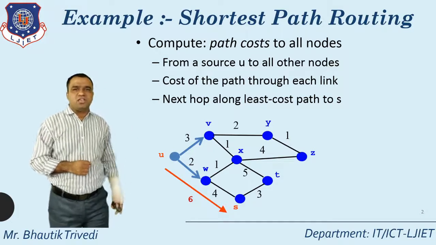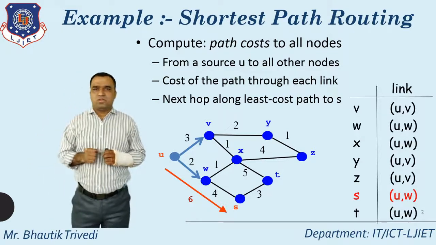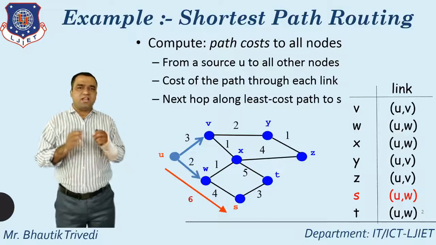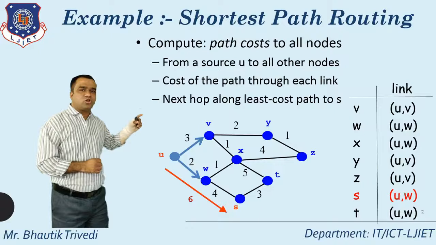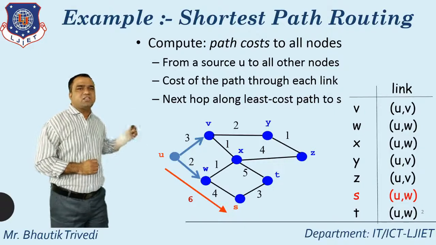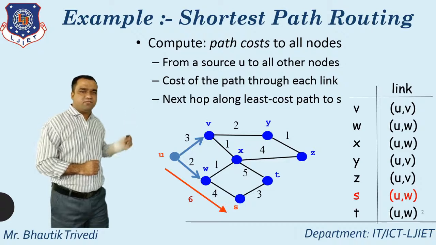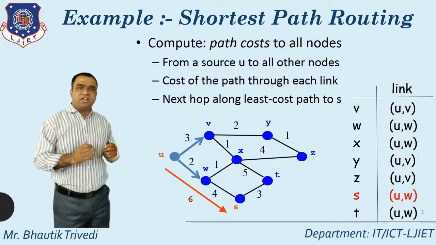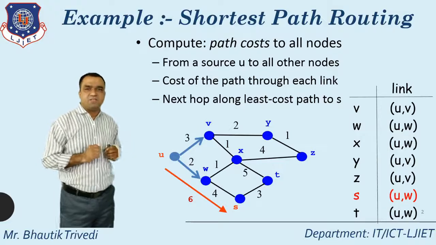Whenever you create any particular graph, you have the total number of nodes, or total number of vertices, in this graph. So let's start with this. First V, then W, then X, Y, Z, S and T.